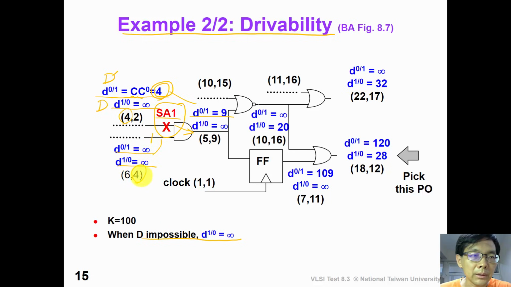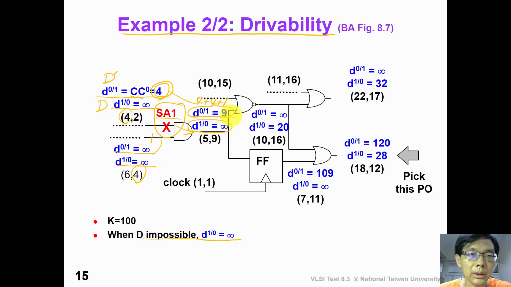So we take CC1, which is 4. We add them together plus 1, which represents the AND gate itself. So D01 of this node is 9. And it's impossible to create a 1, 0 here. So D10 is infinity.